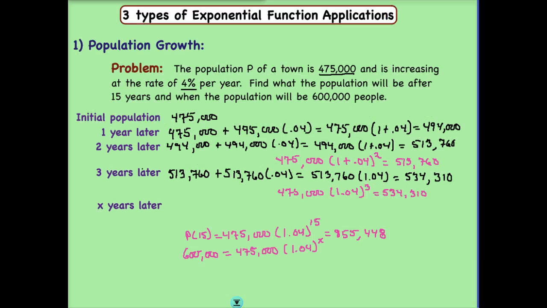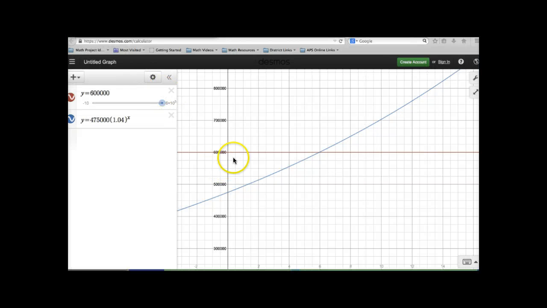If you put in your calculator that y1 is equal to 600,000, so you're graphing a horizontal line, and y2 is equal to 475,000 times 1.04 raised to the x power, you'll get your exponential curve. Let's go ahead and look at the graph. Here are two functions.